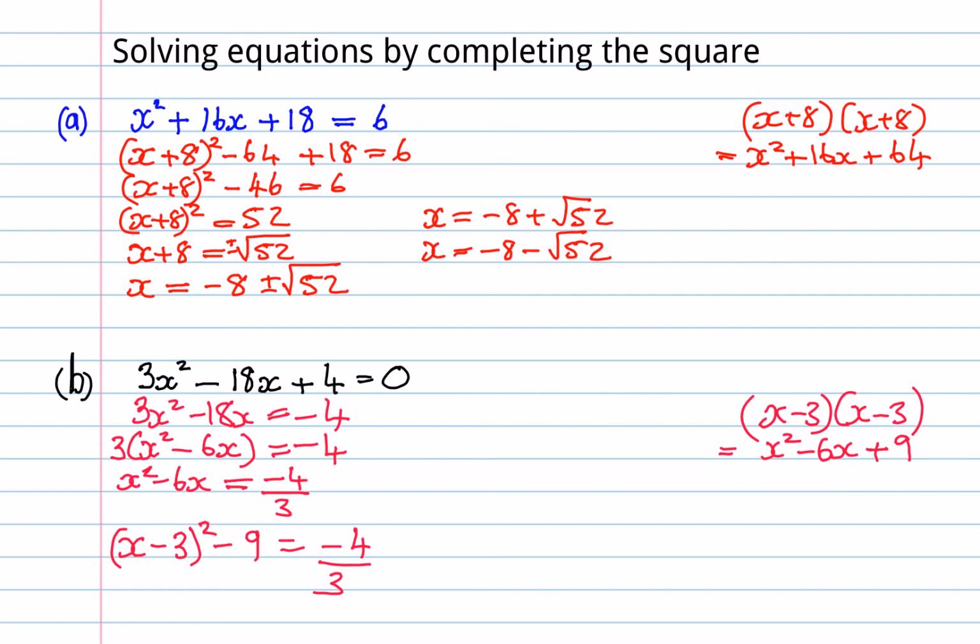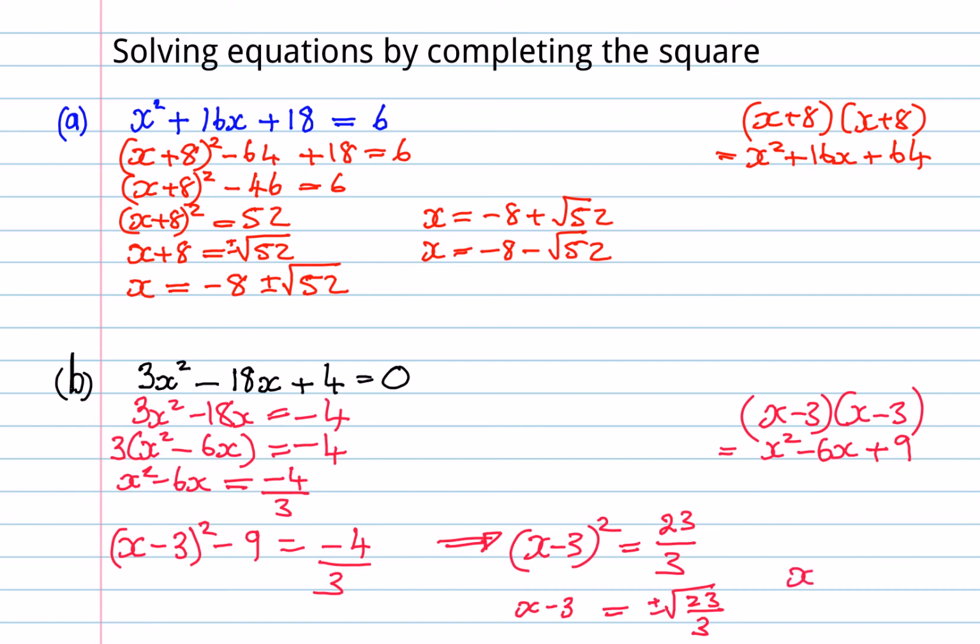We can now bring this negative 9 over to the other side. So we have x minus 3 all squared is equal to, when we're adding a 9 onto the negative 4 over 3, which gives us 23 over 3. x minus 3 is then equal to root 23 over 3, a positive and negative root of that.